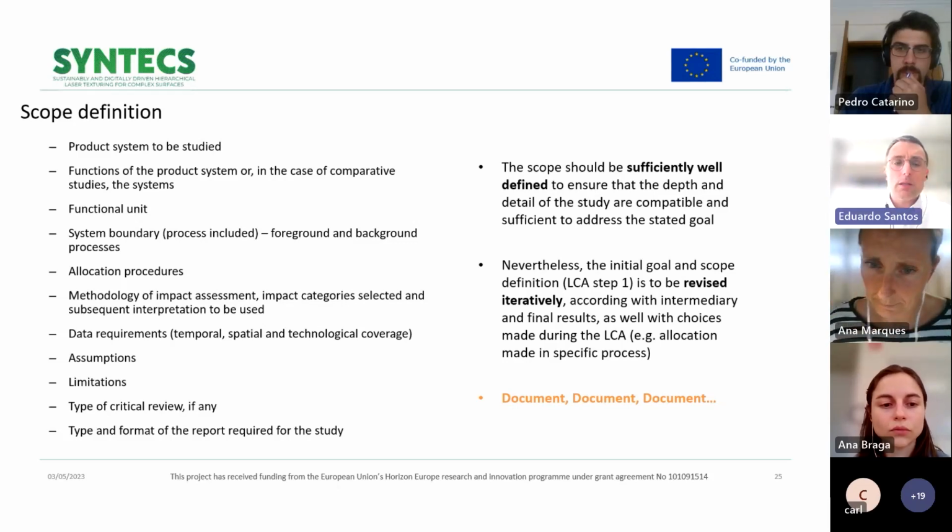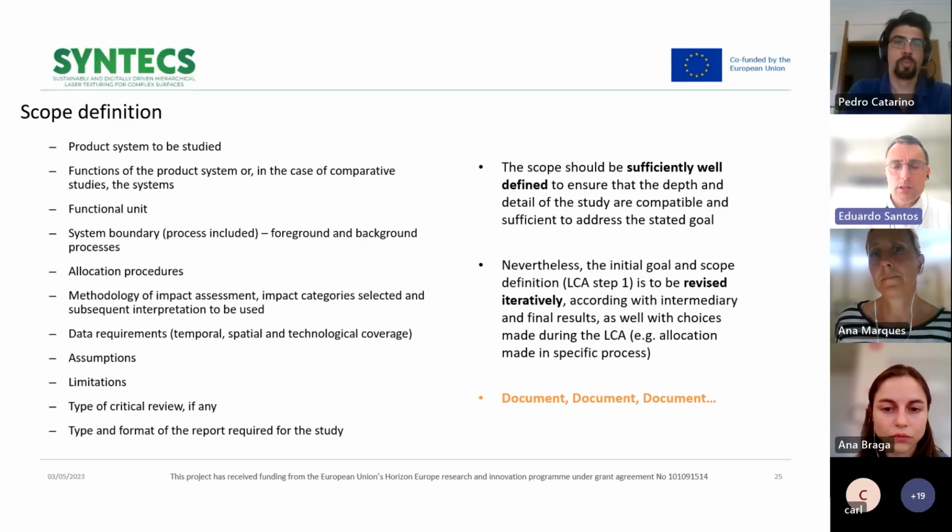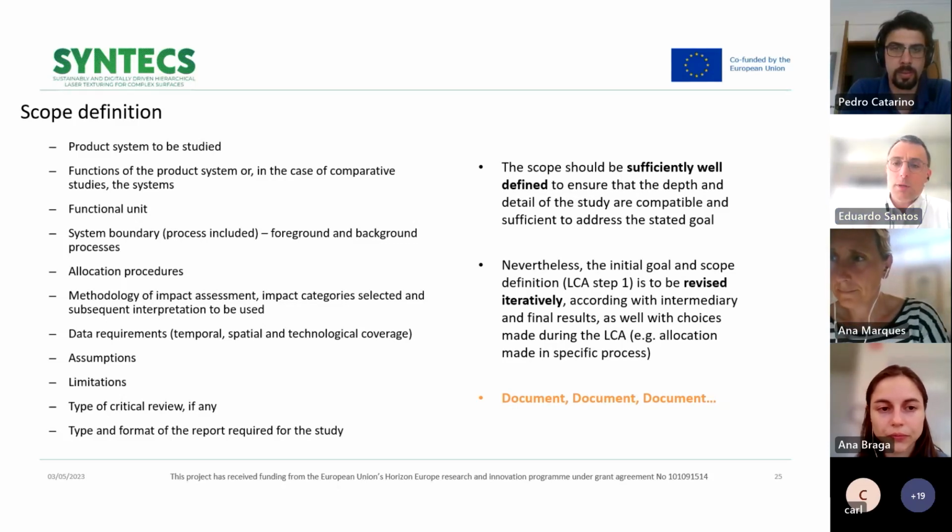But the most important thing I would like to highlight for you, to get acquainted with, is that at the early stages it is important to have a scope that is sufficiently well defined, but it's not critical if we don't fully define that scope, and we can go back and revise it in an iterative way.